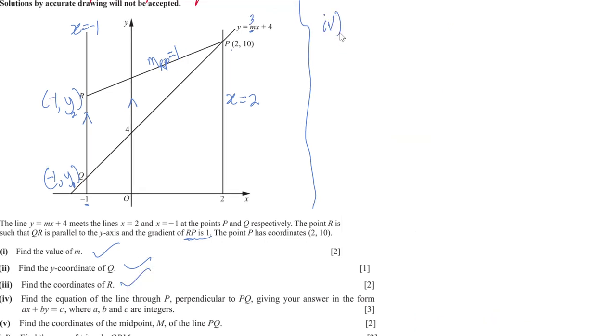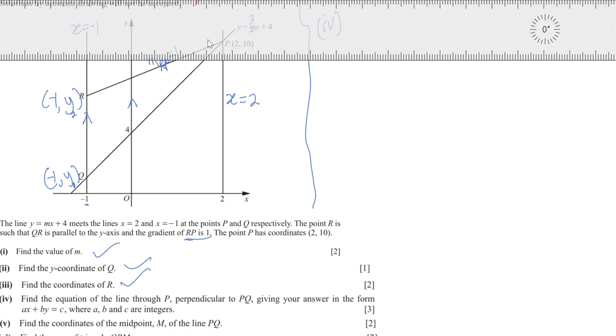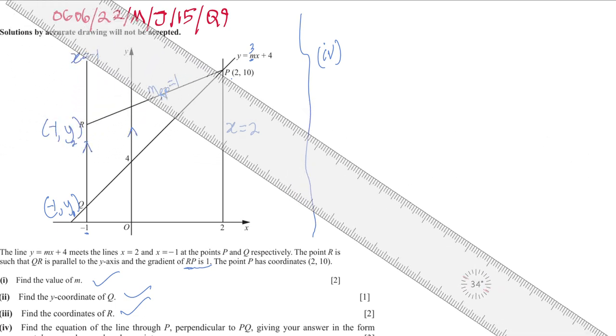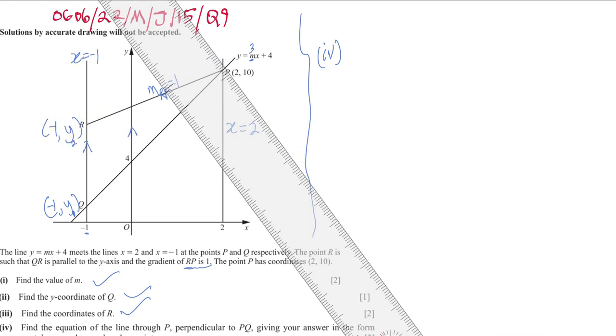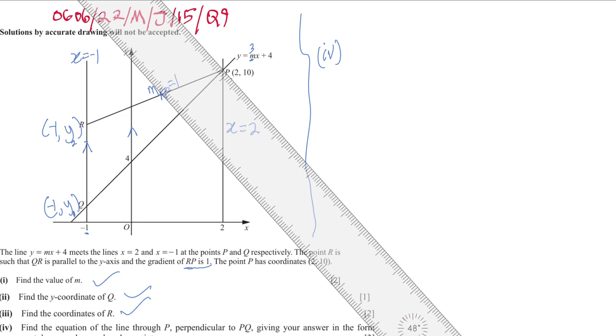The next question, IV, asks that we find the equation of the line through P perpendicular to PQ. So maybe we should make a sketch of that. A line that passes through P and at 90 degrees to PQ.